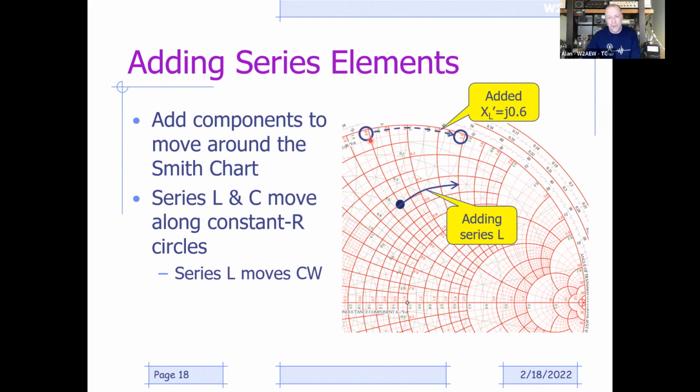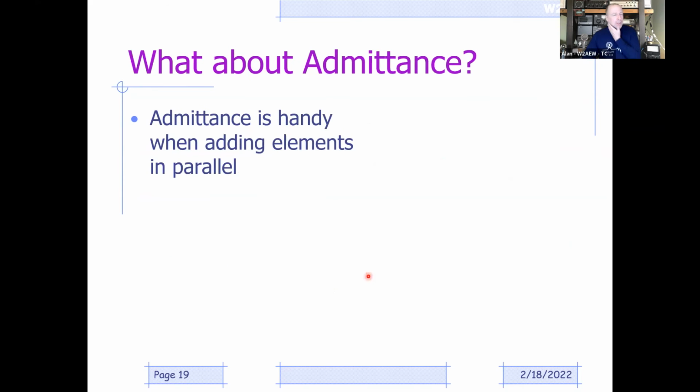Here I went from a normalized inductive reactance of 0.8 to 1.4, which means I moved a normalized reactance of 0.6 inductive. Multiply that by 50, and that tells us how much inductive reactance I need to add. Adding a series capacitor moves us in the other direction, counterclockwise, along the constant resistance circles, and we can do the same thing to figure out how far we went. That's all for adding series components.